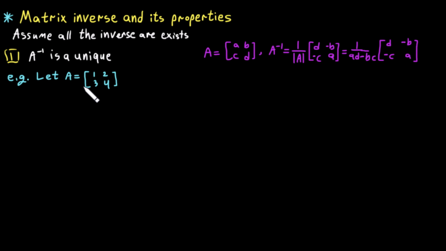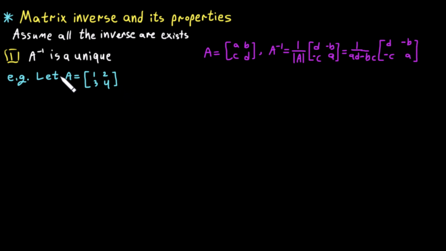But A inverse always requires a square matrix. So it cannot be 2 by 3 or 5 by 4 or 7 by 3. It has to be a square matrix: 2 by 2, 3 by 3, 4 by 4. If you put a 3 by 4 matrix, or 3 by 2, you cannot find the A inverse.